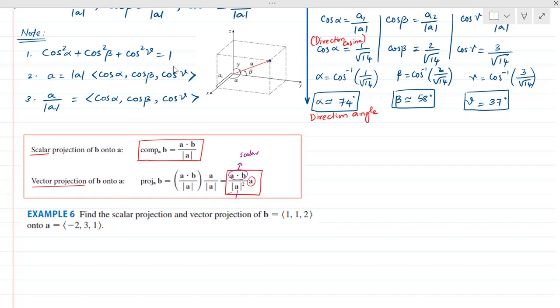The length is also a scalar. When you multiply with the vector, the final output will be a vector. But here you have a scalar, and the length is also a scalar, therefore you will get a scalar. That's why we call this the scalar projection, and this one the vector projection, because the output is a vector.